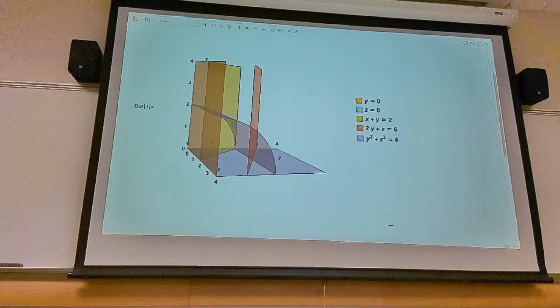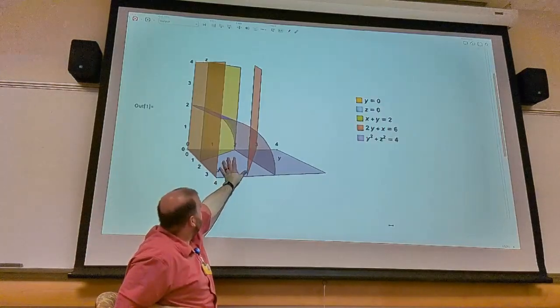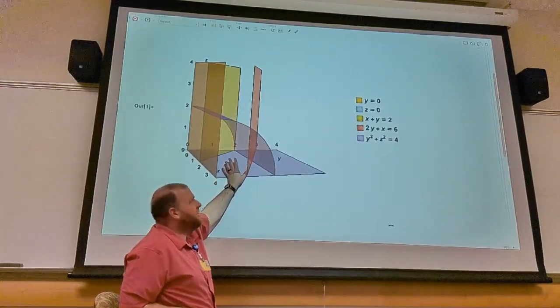So what we're looking for is in the 4 planes, but under the cylinder. So this little bit here, all the way up to the center.